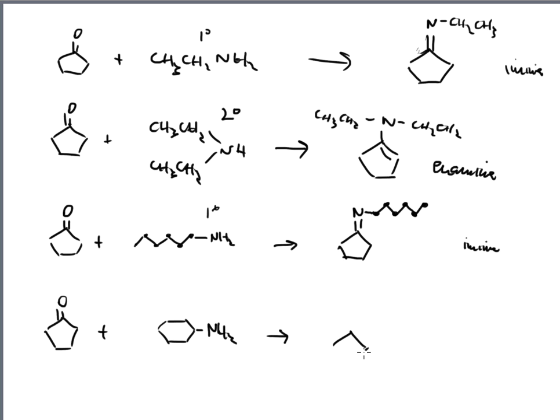So here we have cyclopentanone, and then I'm going to take that oxygen away, and we're going to replace that with a nitrogen. And that nitrogen is going to bring the buddies to the club. And those buddies, in this case, is a big, whopping cyclohexane ring.